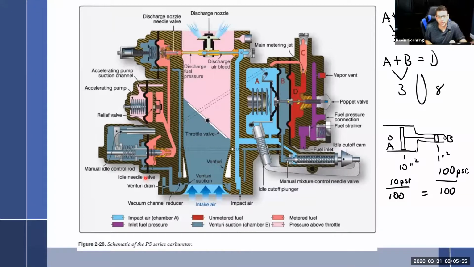I'm going to get more into it in a little bit, but it's a stepped valve that allows different positions. This idle needle, number one, is connected to a diaphragm, which is connected to suction. I can also see it's mechanically linked to the manual idle extra rod, so it's manually linked to the throttle valve.